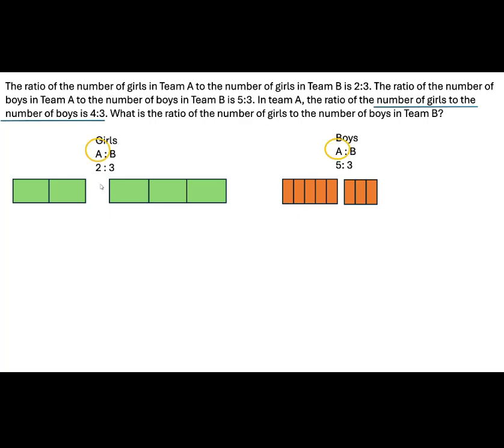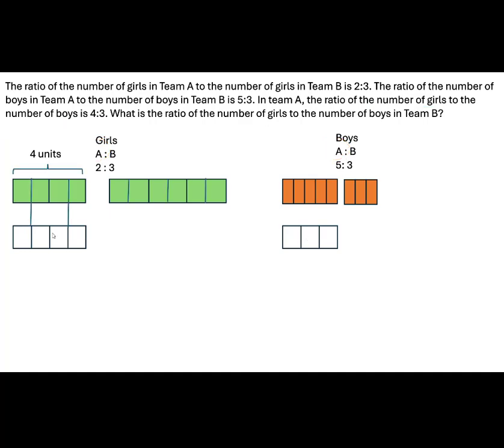So let's mark that this is about the girls in team A versus the boys in team A itself. So that ratio is given to be 4:3. I've just put it in here to indicate that this ratio is between the number of girls in team A and the number of boys in team A.